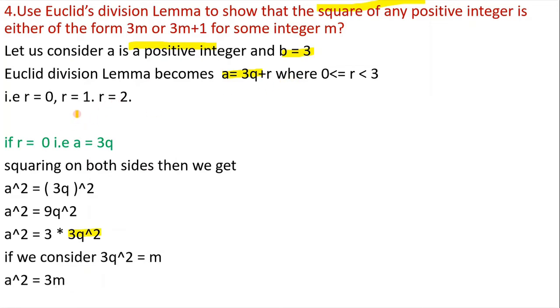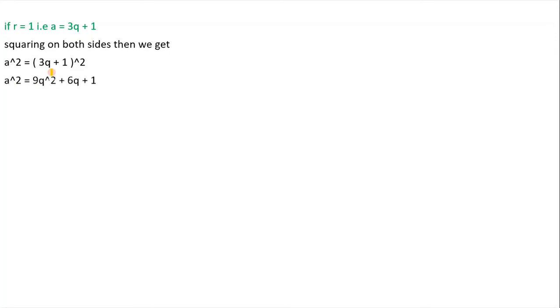Case number 2. r is equal to 1. If r is equal to 1, then a becomes 3q plus 1. Again we are doing squaring on both sides. So now a square is equal to 3q plus 1 whole square. It is in the form of a plus b whole square. We all know that a plus b whole square is equal to a square plus b square plus 2ab. That is, a square is equal to 3q whole square plus 1 square plus 2 into 3q into 1.